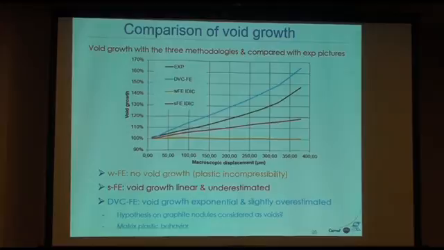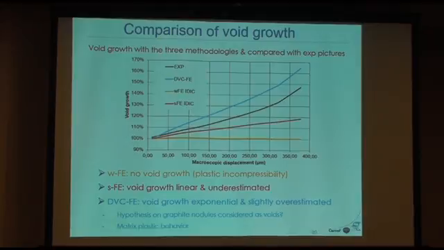And for this, we're going to plot void growth evolutions versus displacement here. For the different techniques, black one is the experimental volume of the nodules taken from the laminography pictures. The yellow is the weak FE simulations. If you remember, the weak FE is the one for which we performed the first simulation in the macro scale, and then we extracted the boundary conditions for the micro scale simulation.